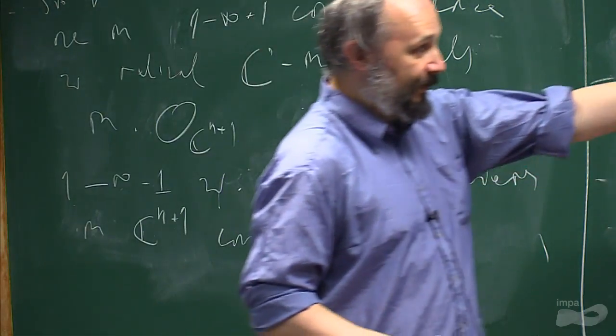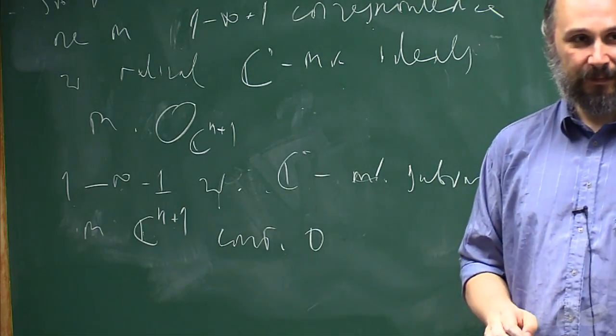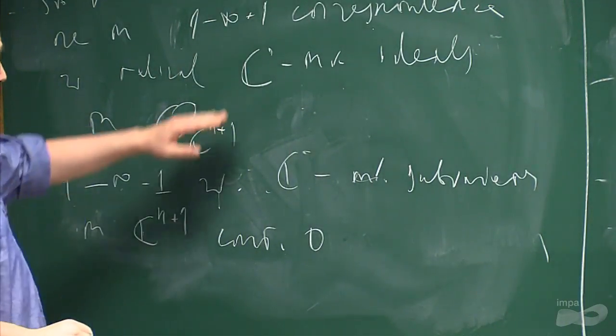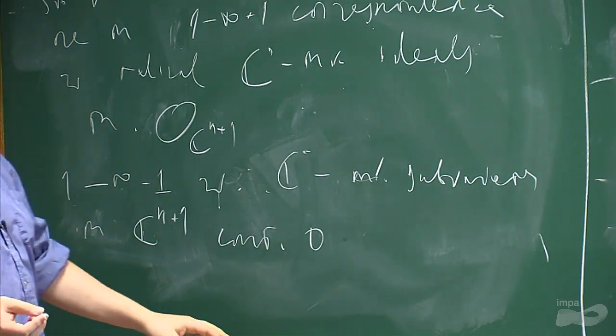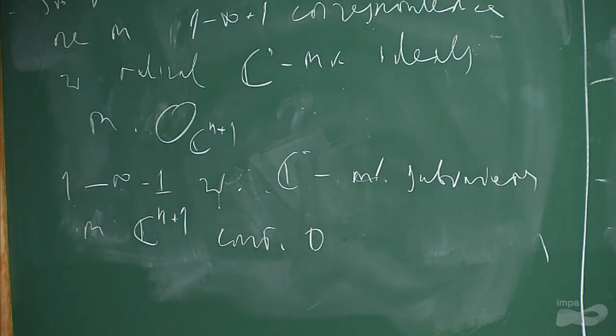So here you really have this non-empty to be applied. And how do you prove this? You essentially prove that both of the sets correspond to C-star invariant subvarieties. So there are three guys. These C-star invariant subvarieties sit in the middle, and they are in bijective correspondence with both. Okay.